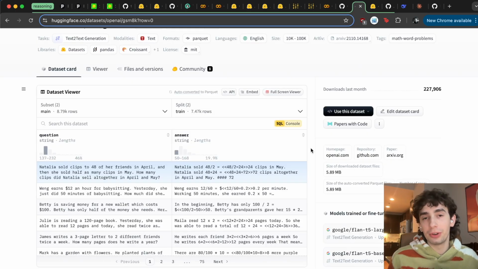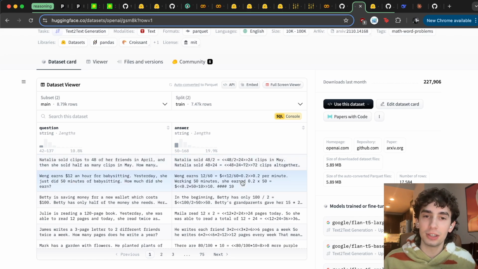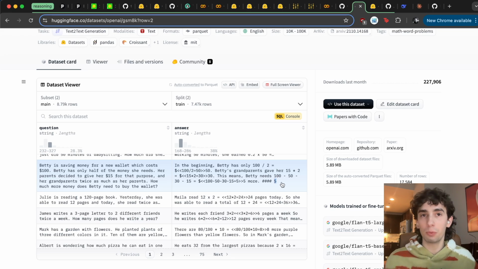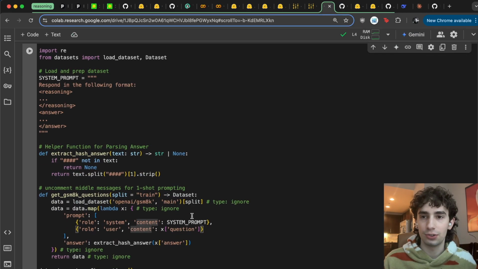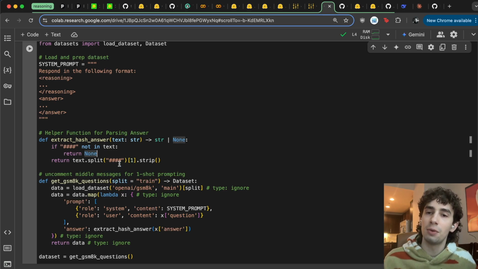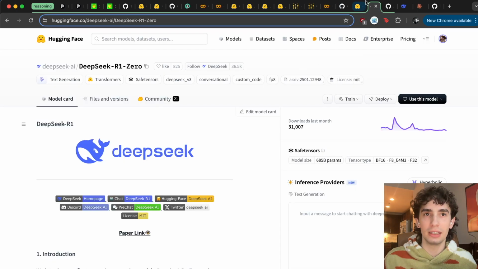What we're going to be doing is encouraging the language model to do all of its reasoning through the problem in the reasoning tags and then just submit its final answer. So as you can see, all of these examples have these 4 hashtags and then a number, and we're just going to be simply extracting out that answer through this so that we can verify from the language model's output and its answer XML tags whether or not it is exact to our training example.